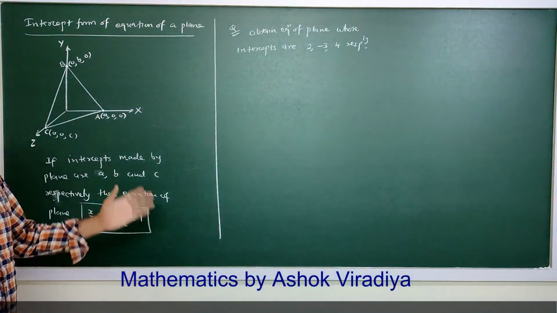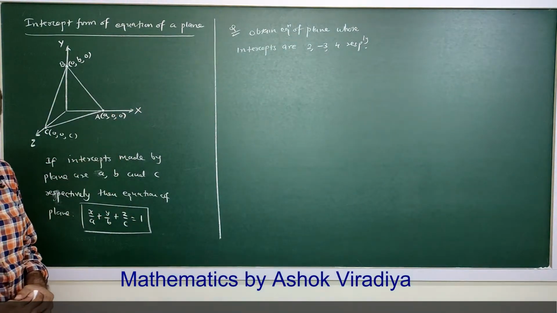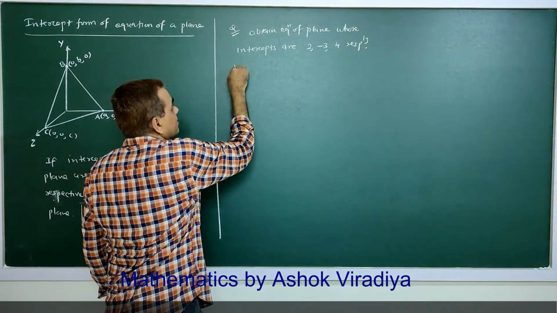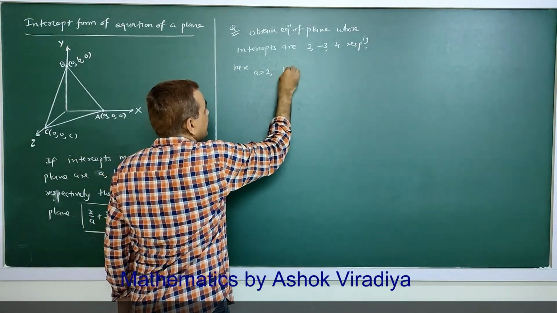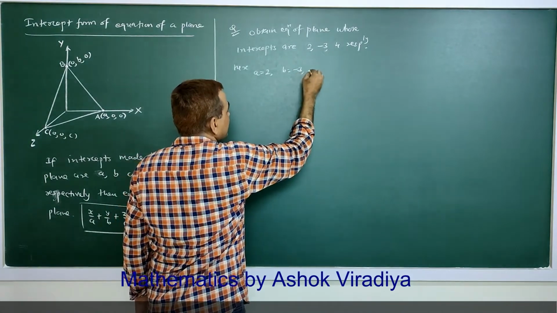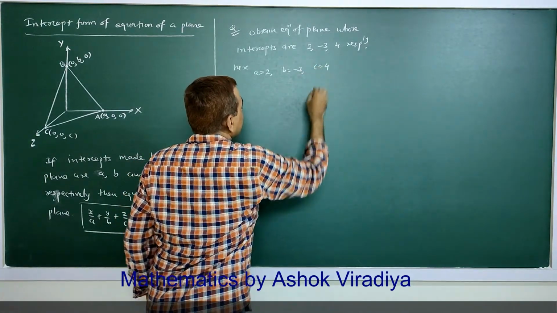Obtain equation of plane whose intercepts are given. So here x intercept is 2, y intercept is -3, z intercept is 4.